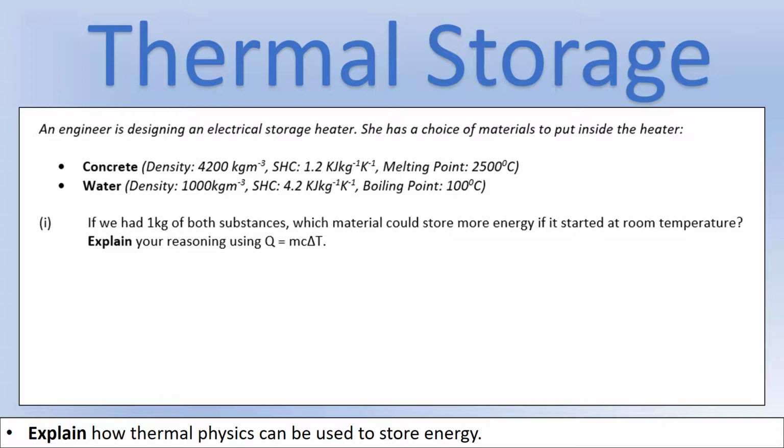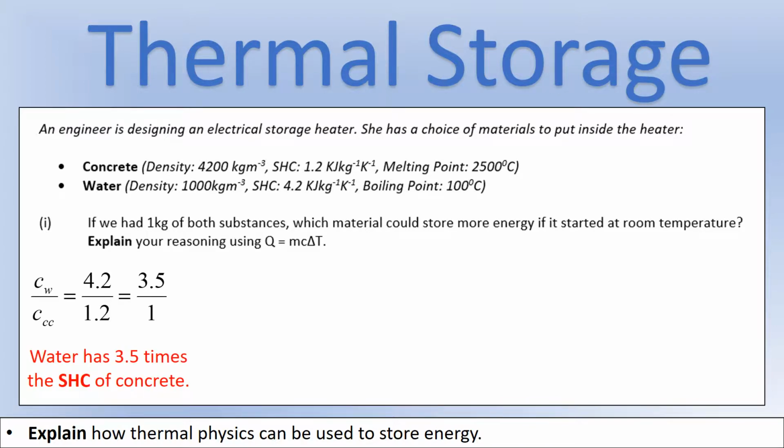Okay, so now you've had a chance to have a crack on your own. Let's go through the stages I went through. So first off, if we compare the two specific heat capacities, water has a higher specific heat capacity than concrete, which means it takes more energy to increase the temperature of water by 1 degree than it does for concrete, which is good if you're wanting it as a storage mechanism, because for each degree we increase the temperature, it's stored more energy.